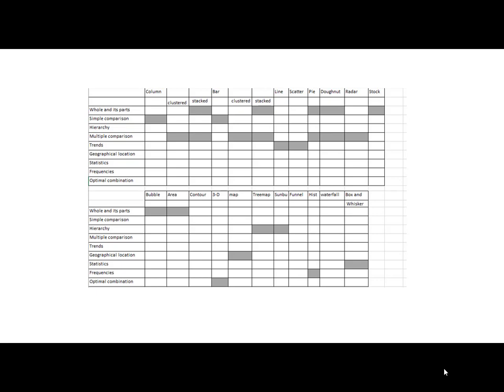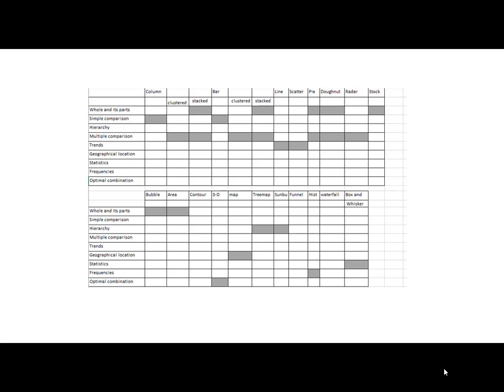This matrix I made is an initial matrix that used the original types of graph and tried to combine them with the original types of data, where the types of data are in the first column and the types of charts are in the first 2 rows, where we have some major types like column and bar, and we have subtypes like clustered and stacked.